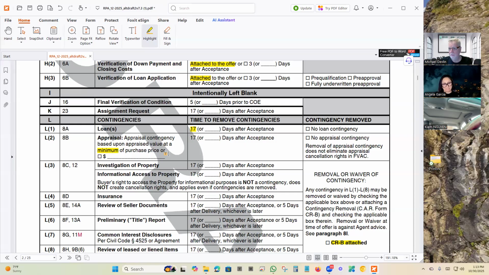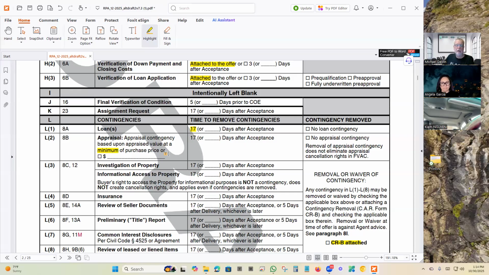Does that make sense? I'm looking to see if Angela's nodding. So notice it doesn't say the gap. It says the minimum, but based upon the minimum and the offer price, there's a gap. That gap stays even if there's a counter, not the minimum. All right.